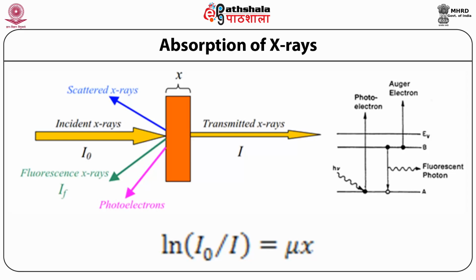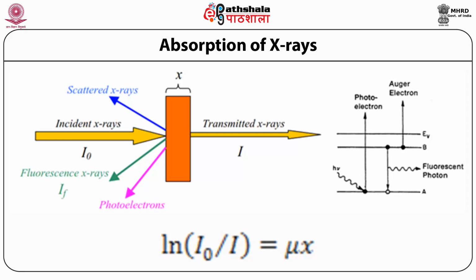So a portion of the intensity is absorbed, and only part of it comes out of the sample unabsorbed. When they are absorbed, they give rise to several processes.